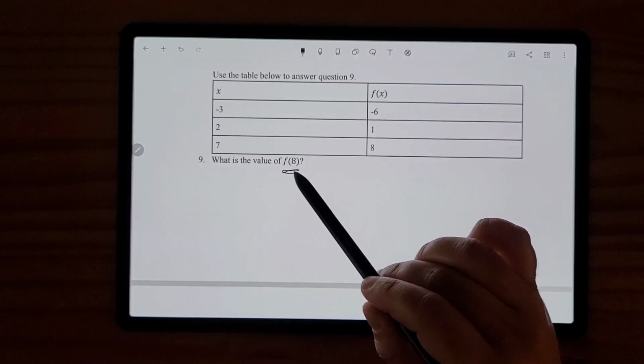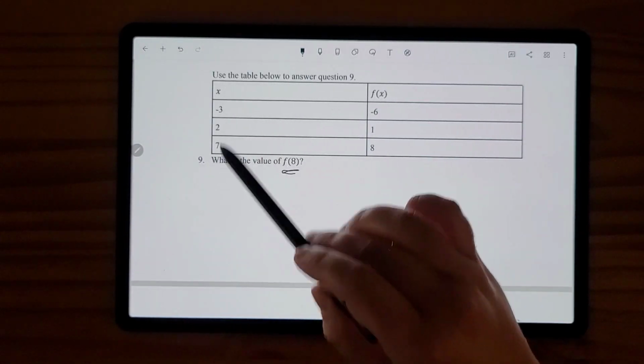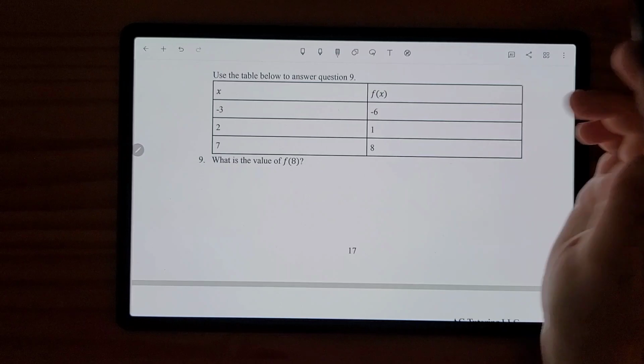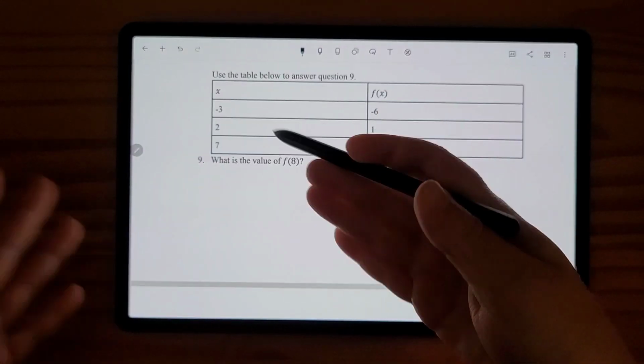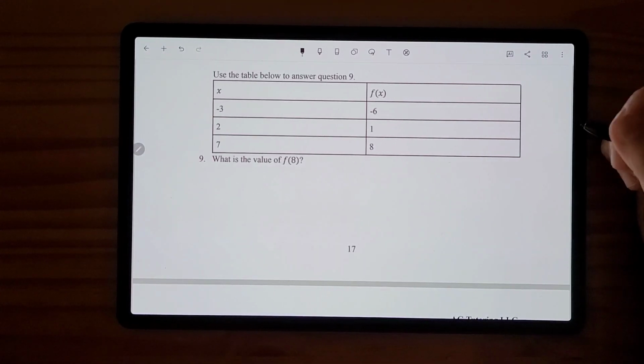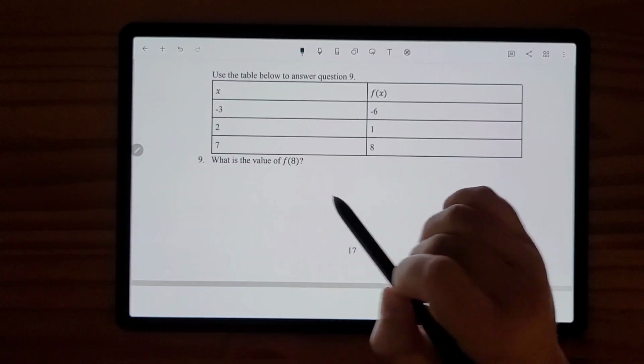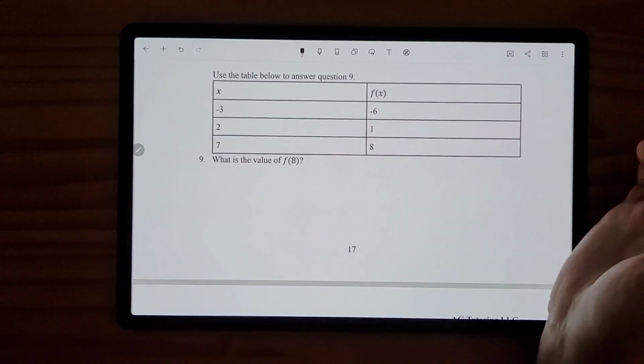This means I'm finding the function when x is equal to 8. We don't see when x is equal to 8, the value of the function when x is equal to 8, which we don't have. So we need to form an equation or a function that we can plug 8 in for x to solve for what f of 8 is.